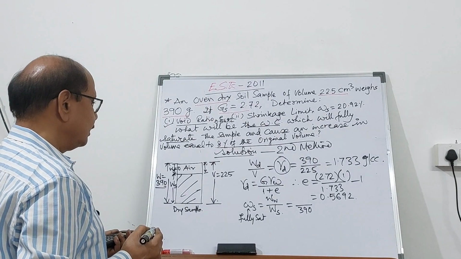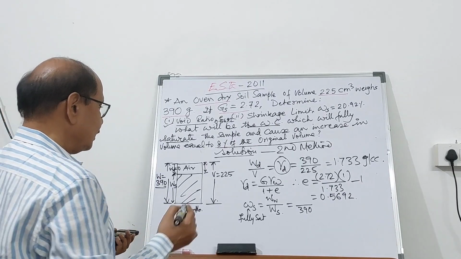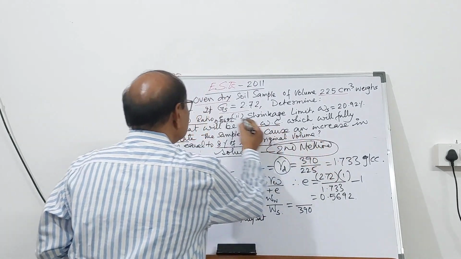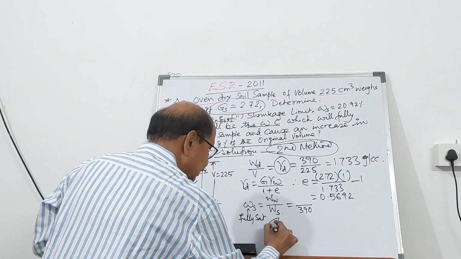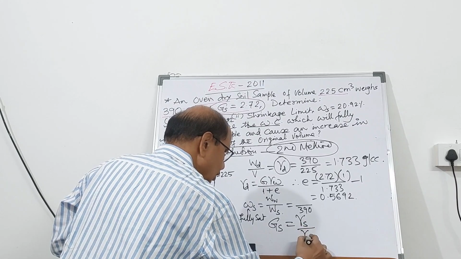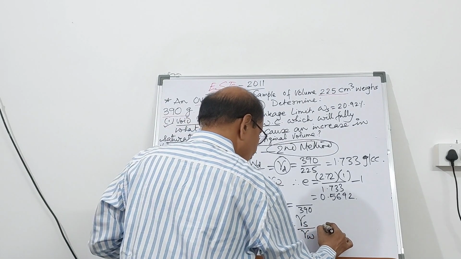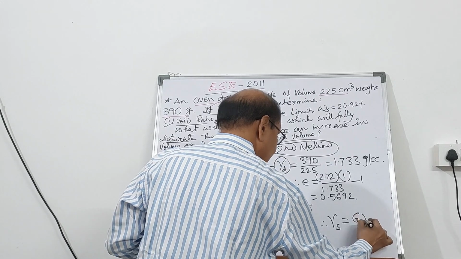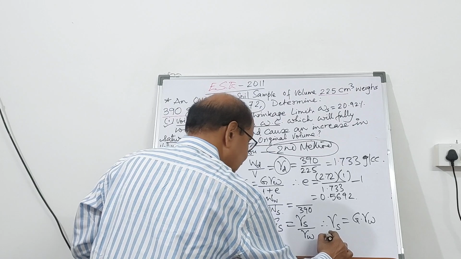So for just saturated, this can also be calculated by the second method. Because you are given the specific gravity of the soil solids, Gs equal to gamma S upon gamma W. Therefore, gamma S equal to G gamma W. And what is this gamma S?